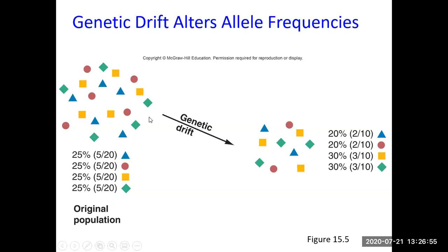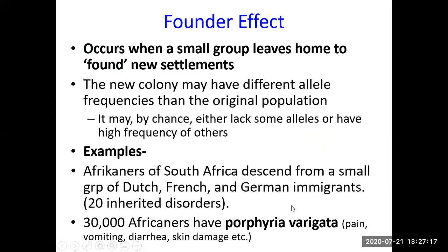A genetic drift occurred, something unpredictable and random happened, and we lost some individuals. Now only this population is remaining. You see how the proportion of the genotypes has changed. Now this has become 20% instead of 25% of the population. So this is genetic drift.